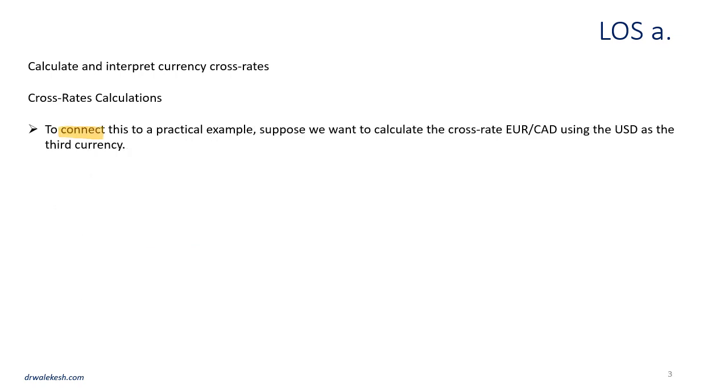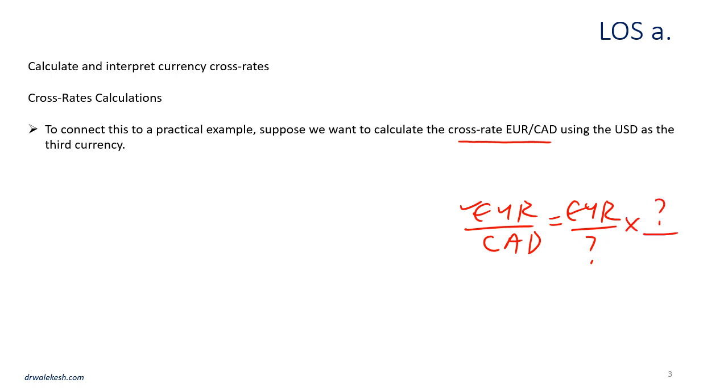To connect what we discussed on the previous slide to a practical example, imagine we are interested in computing this cross rate, that is euro per 1 unit of Canadian dollar. So that would be euro divided by a question mark. The euro is coming from here, then times a question mark divided by Canadian dollar.